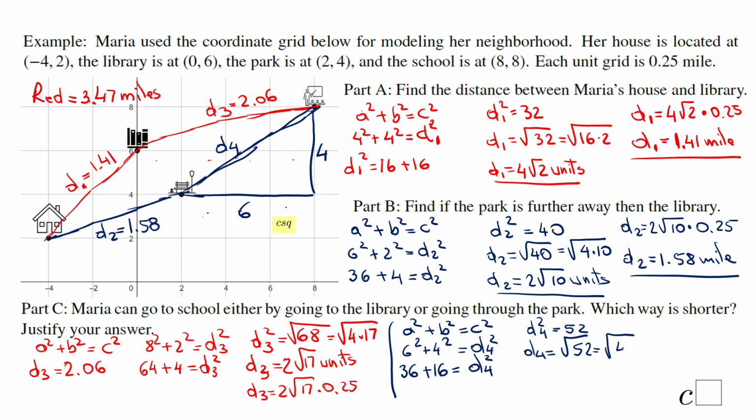That is going to be 4 times 13, which is going to be 2 square root of 13 units.